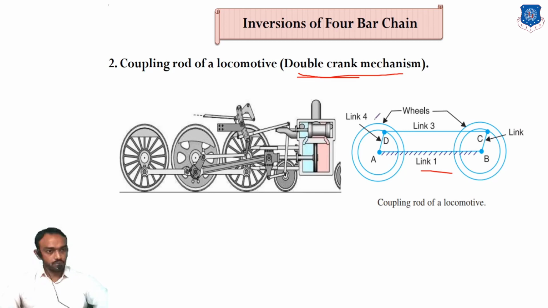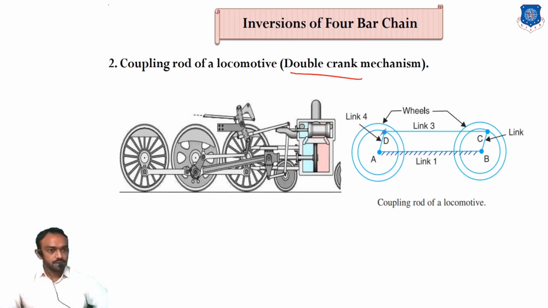When you rotate link number 4 here, it will force link number 3 in this direction, and link number 2 also will rotate with the same motion. It is used in a locomotive, or we can say rail. The power from the steam engine comes, and both links you can see here are the locomotive coupling rod.